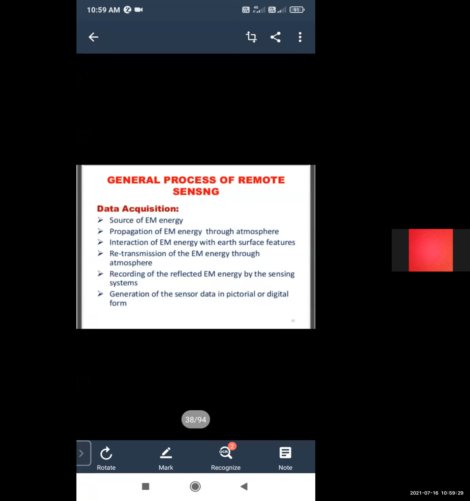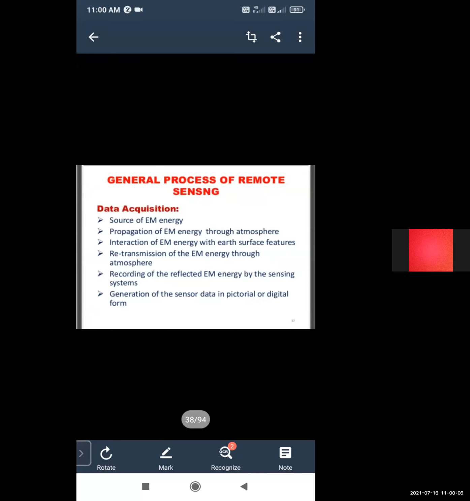Second step for data acquisition is the propagation of electromagnetic energy through the atmosphere, then interaction of electromagnetic energy with earth surface features, that is the objects present on the earth surface, then retransmission of electromagnetic energy through the atmosphere, then recording the reflected electromagnetic energy by the sensing system, which is placed on different types of platforms, either above the earth, aeroplane, or in satellite.